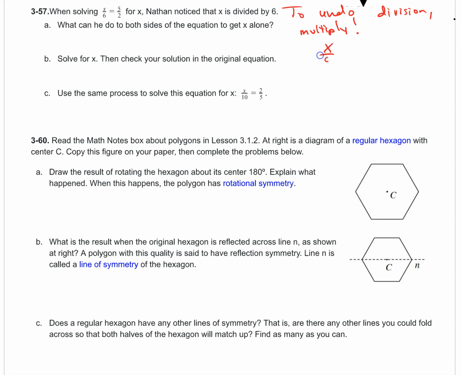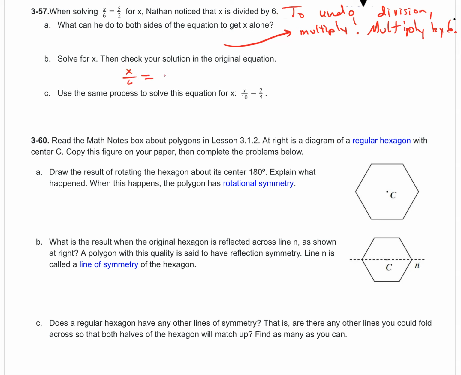So that's the answer for A. What can you do to both sides to get x alone? To undo the division, multiply, and we're going to multiply by 6. If it's divided by 6, we'll multiply by 6 to cancel out the division, right? Because division is the opposite of multiplication.